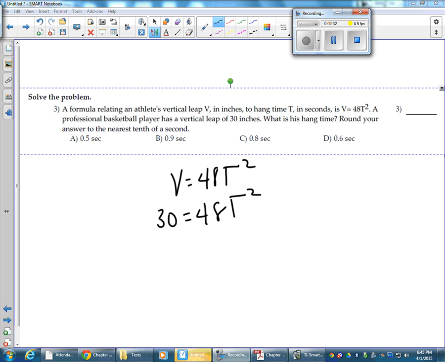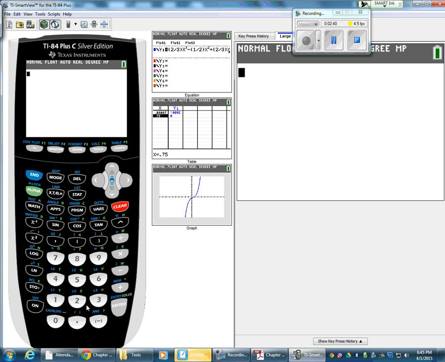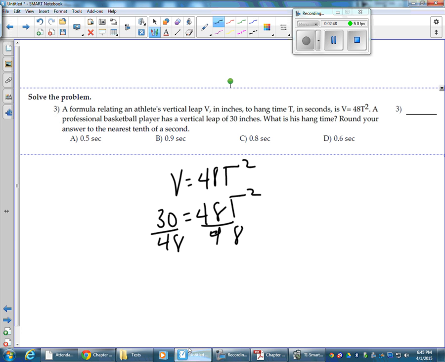So I'm going to divide by 48. So over here on the calculator, I want to do 30 divided by 48. And that gives me 0.625. So I'd have 0.625 equals t squared, and then I'd want to square root it.